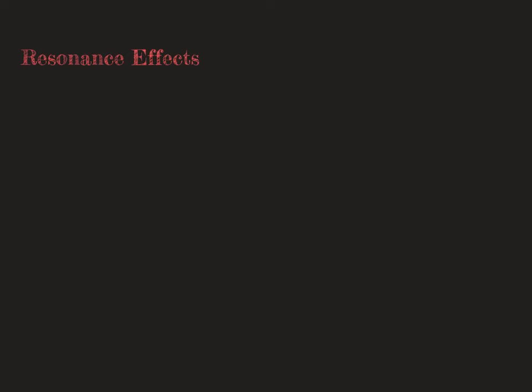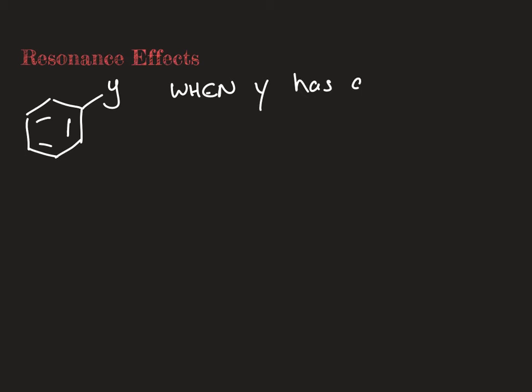So some generalization here. If you have your benzene ring and some group, I'm just going to call Y as generic. So when Y has a pi bond, and by pi bond I mean the carbon or atom that's attached directly to the benzene has to have the pi bond, then your electrons are going to be pulled out of the ring.